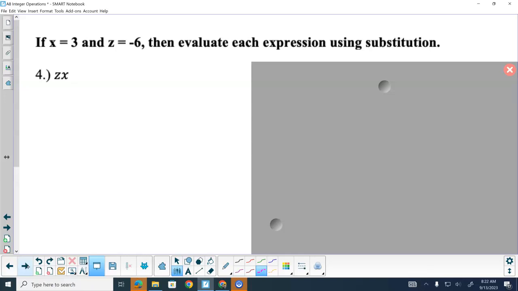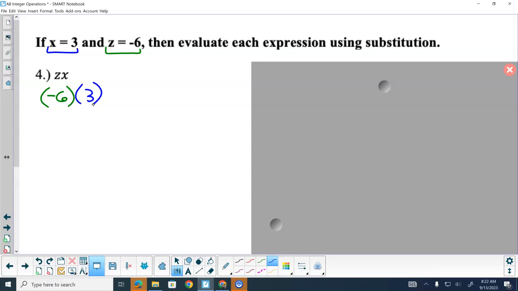Evaluate each expression using substitution. So whenever we see an x, we're going to make it be 3. Whenever we see z, we're going to make it be negative 6. So this would be negative 6 times 3. And we should write that step out.